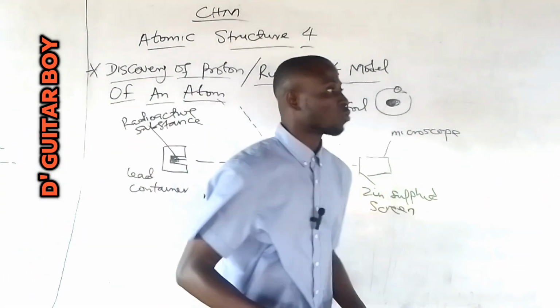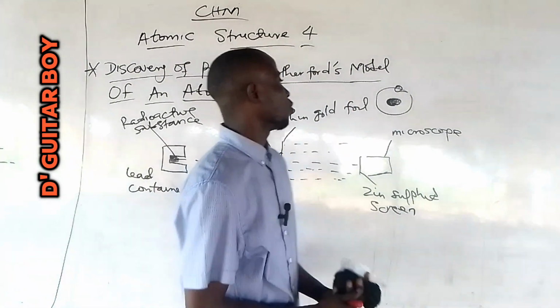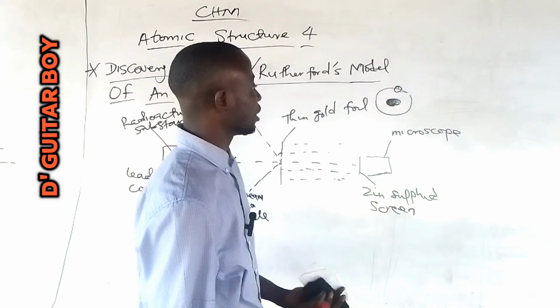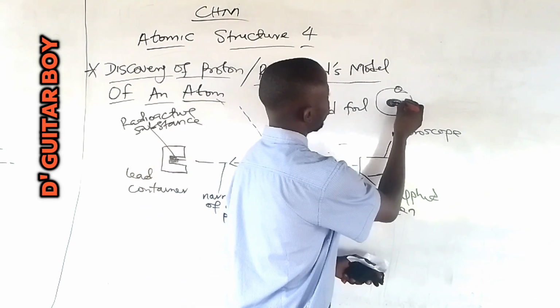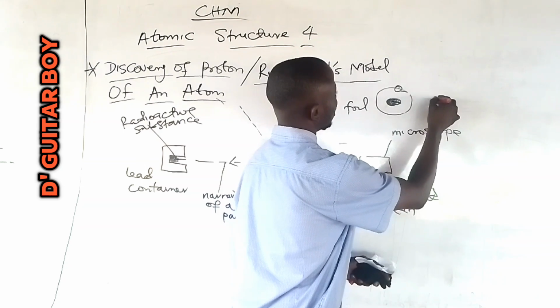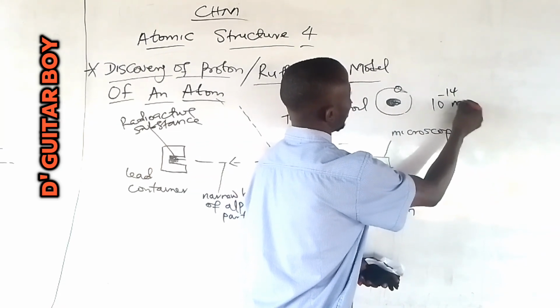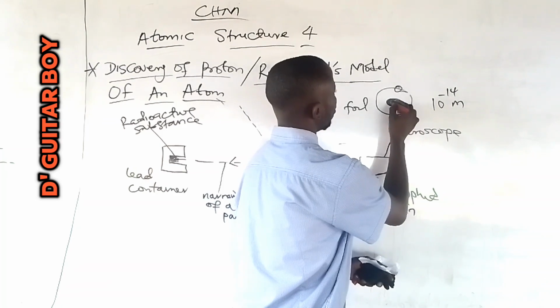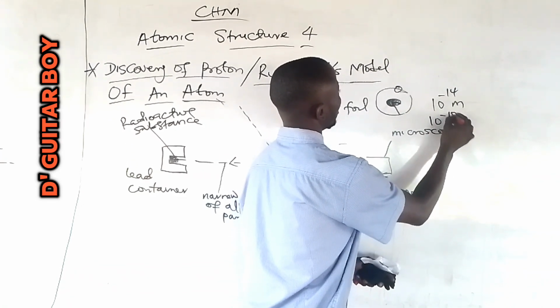So that was what Rutherford did and how he discovered it. He measured the radius of the nucleus and he said it is 10 raised to power minus 14 meter, and he also measured the radius of the atom itself. He said it is 10 raised to power minus 10 meter.